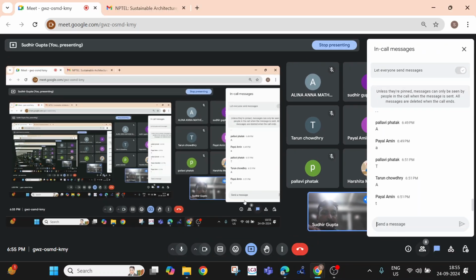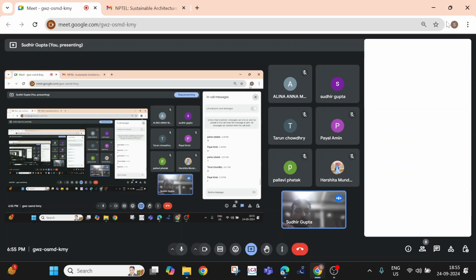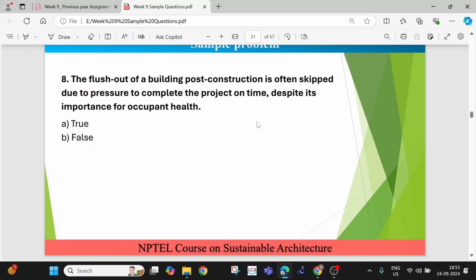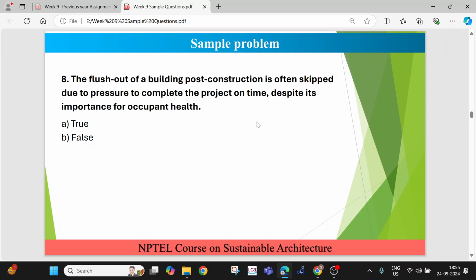So all of you have answered it correctly, and the statement is itself clear. True is the right answer for this question. Let's move to the next question.